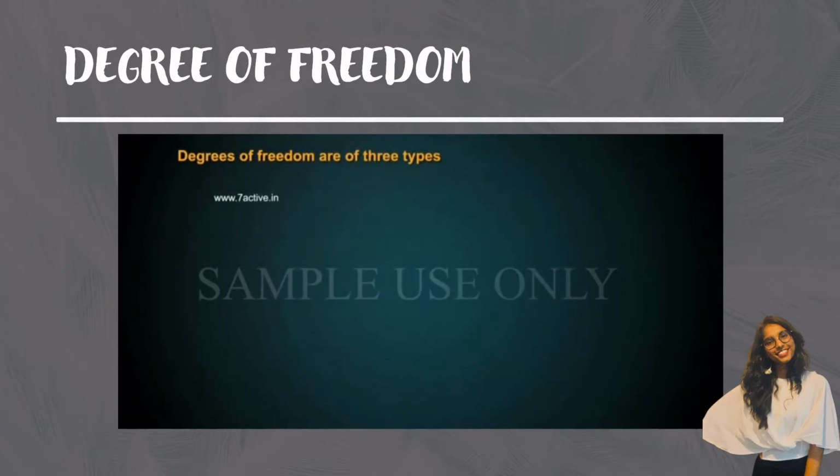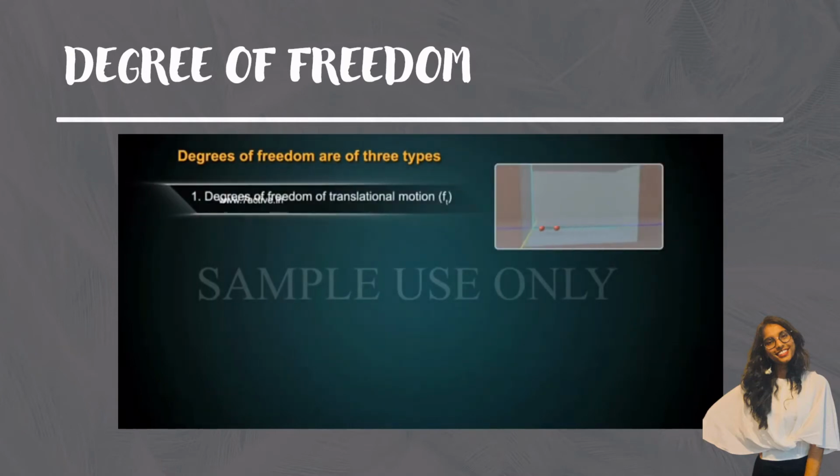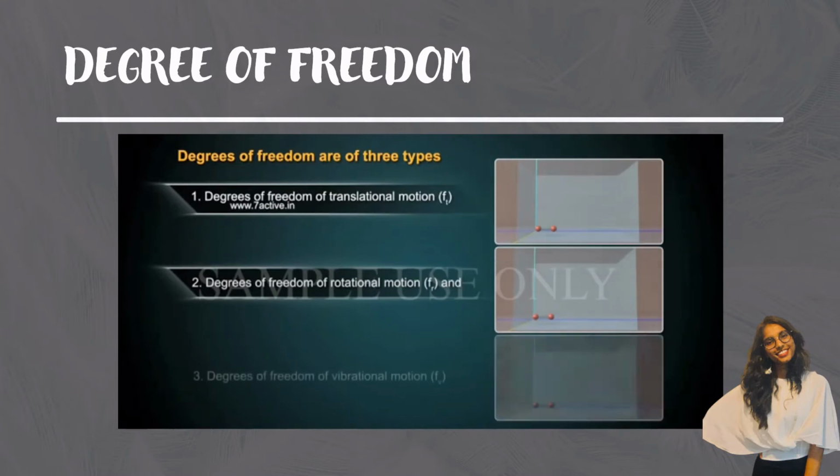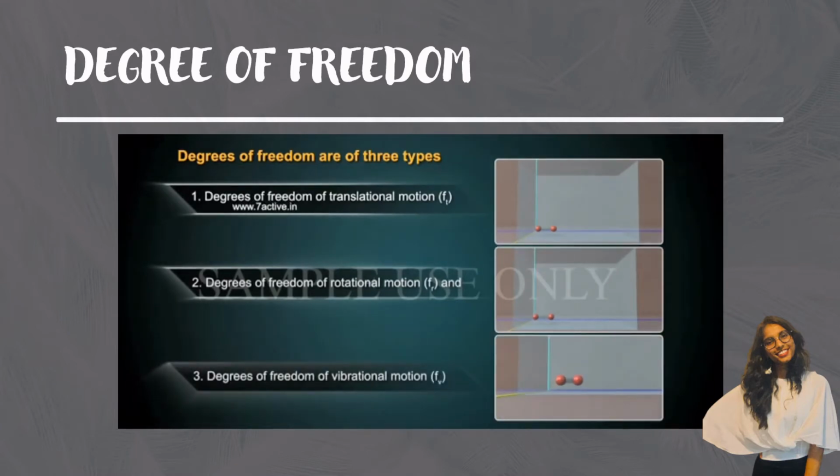Degrees of freedom are of three types. They are: 1. Degrees of freedom of translational motion, Ft. 2. Degrees of freedom of rotational motion, Fr. 3. Degrees of freedom of vibrational motion, Fv.